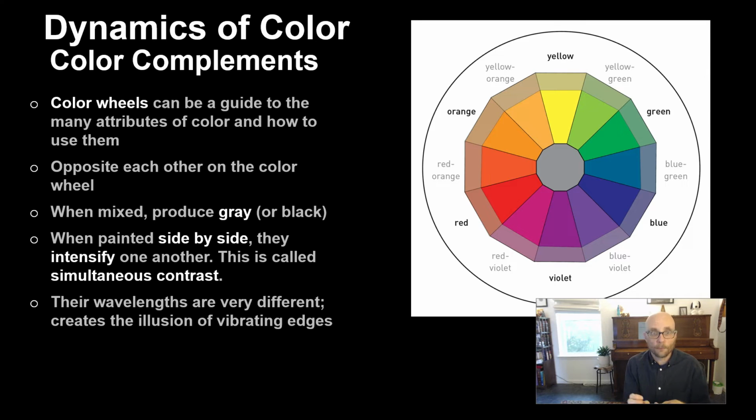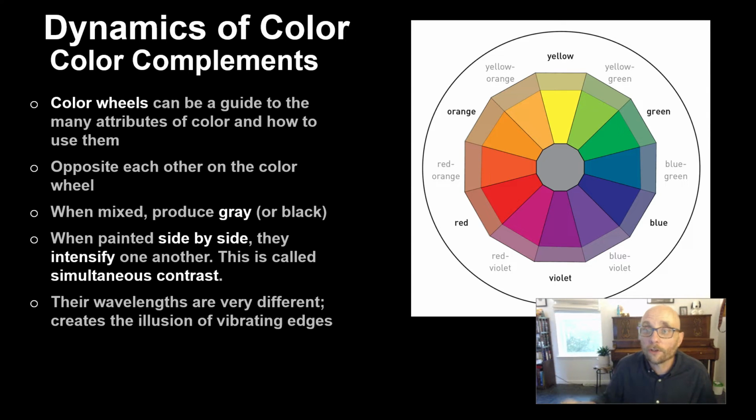So, for example, this shows me what happens when I put opposite colors together, or what are known as color complements. So, for example, the opposite of yellow is violet. That's its complement. The opposite of orange is blue, and red is green. Now, if I mix these colors together, they would basically cancel each other out.